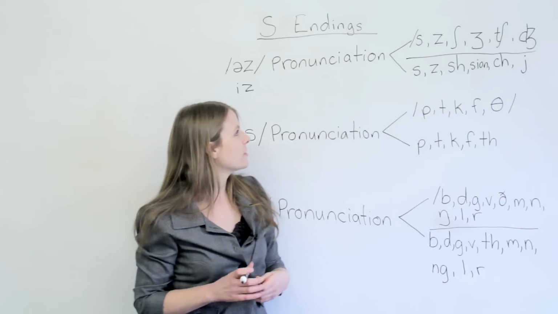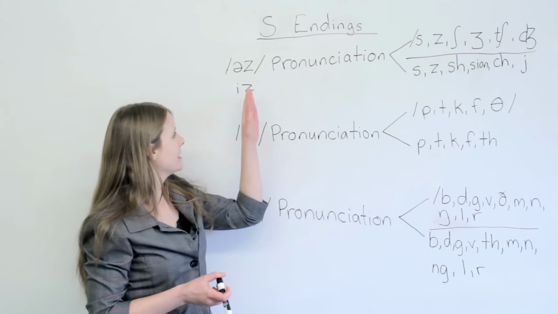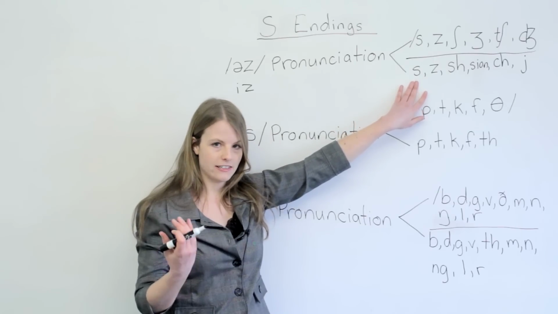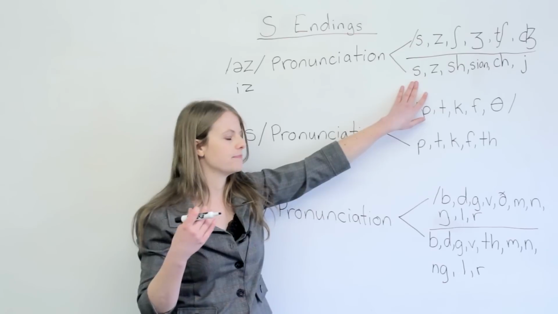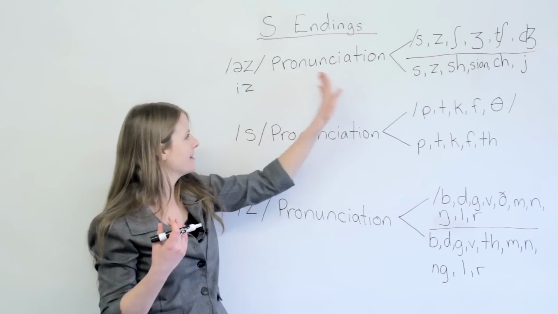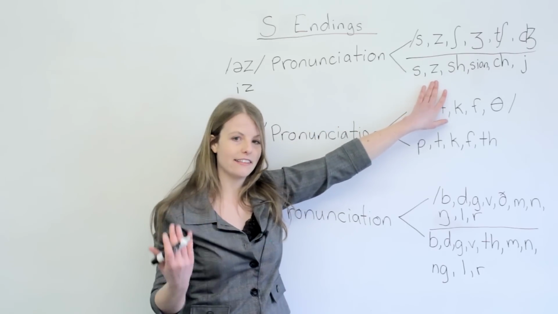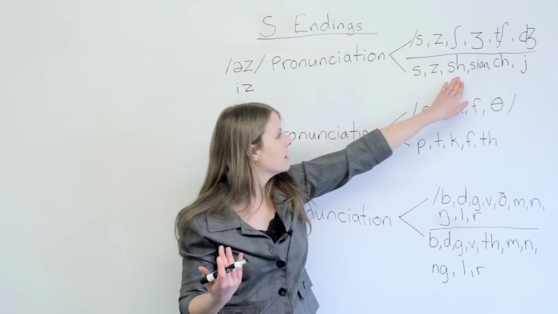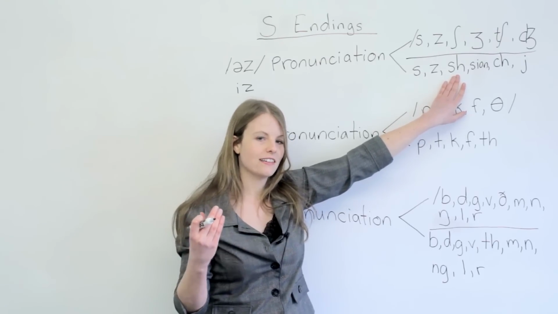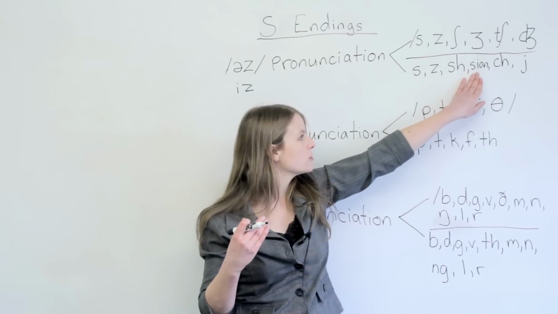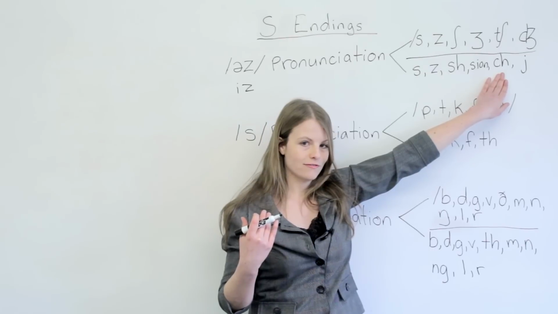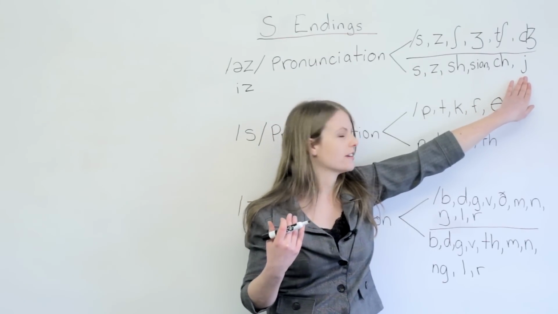Okay, so in terms of is pronunciation, if a word ends with an S sound, then you would use is. If it ends in a Z sound, you use is. Sh sound, as in dish, dishes, you use is. Shun, you use is. Ch, and j, like judges.